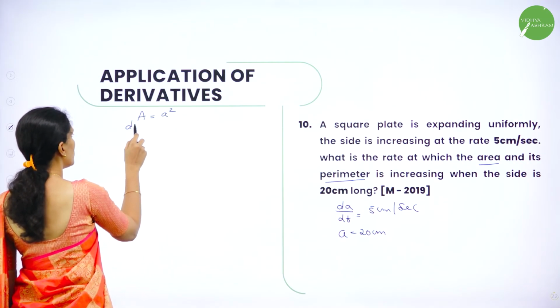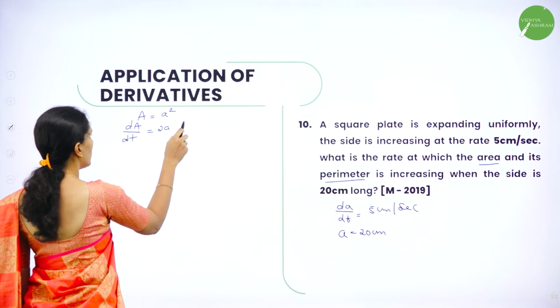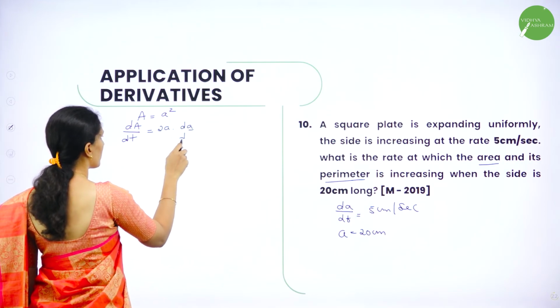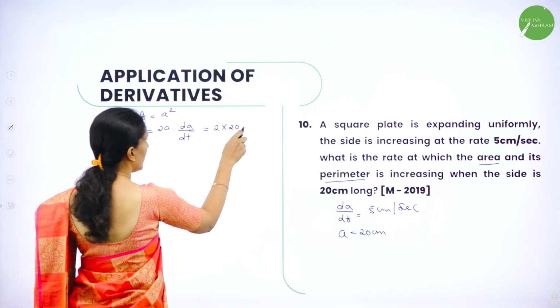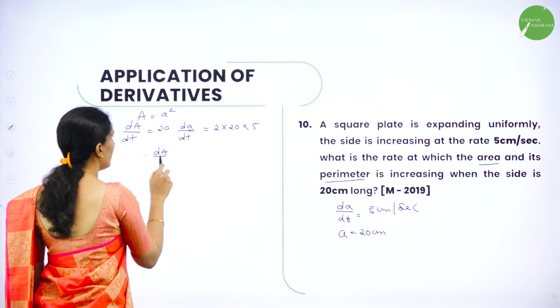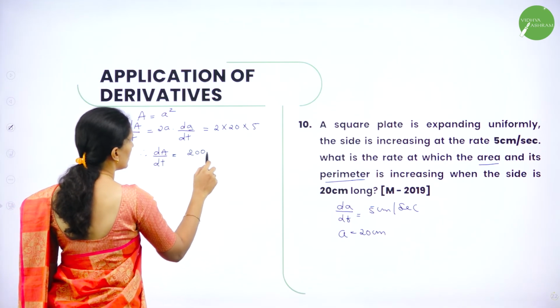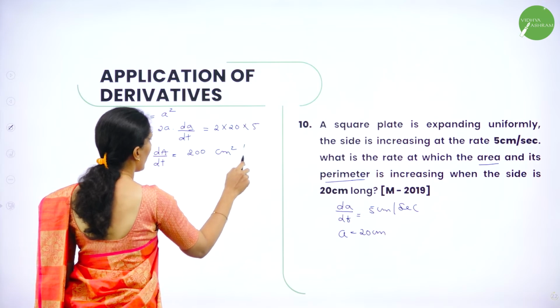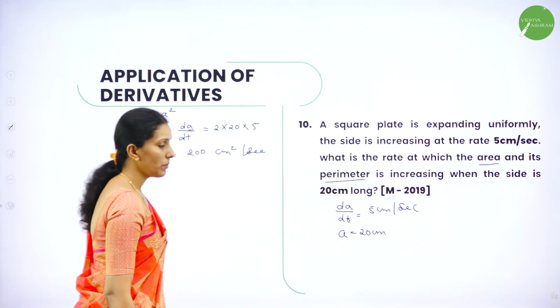So therefore the change in area dA by dt will be 2a into da by dt. So that is 2 into 20 into 5. So therefore dA by dt will be equal to 200 centimeter square per second. Next we need to calculate the change in perimeter.